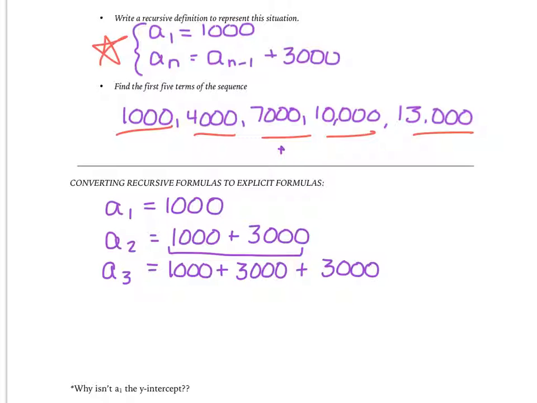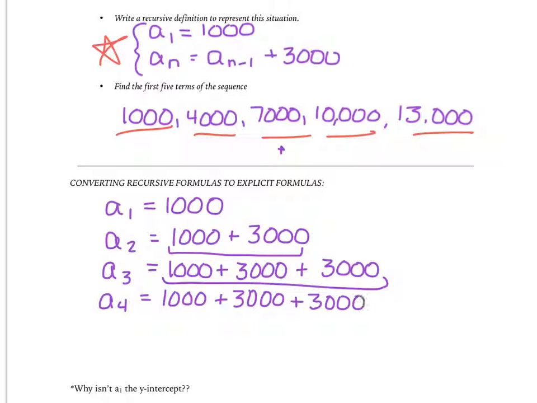Okay, so to get term 4, I'd be doing what I had in term 3, so 1,000 plus 3,000 twice, plus I'd be tacking on another 3,000. Okay?